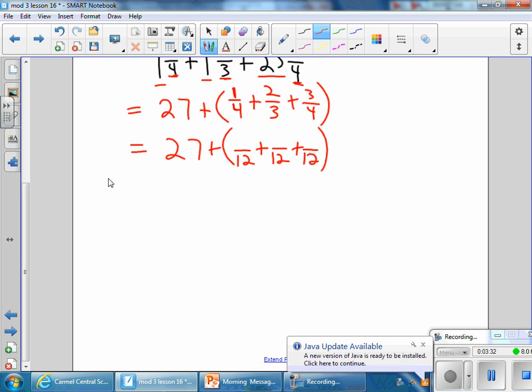1 times 3 is 3. I multiplied 3 times 4 to get 12 in my second term. So I'm going to multiply the numerator 2 by 4 to get 8. I already know that 3/4 is 9/12, but if you didn't, you know that you multiply the denominator 4 by 3, so you have to multiply the numerator 3 also by 3. Magic number 1.